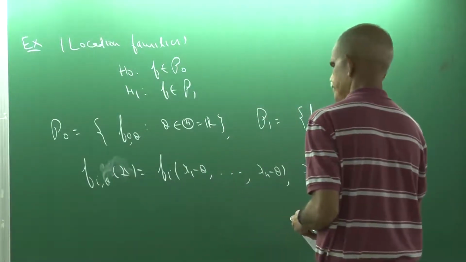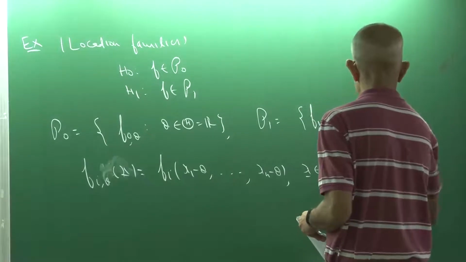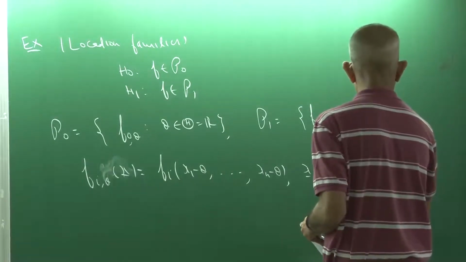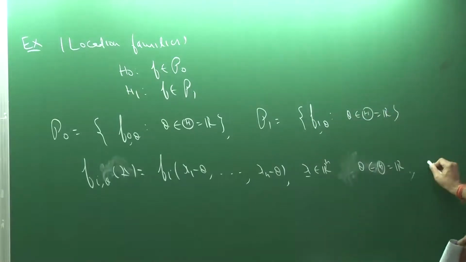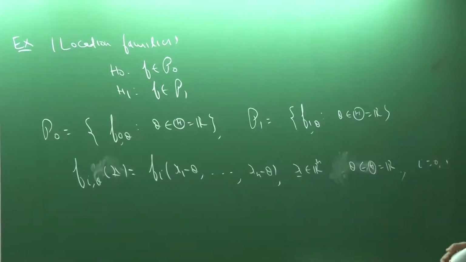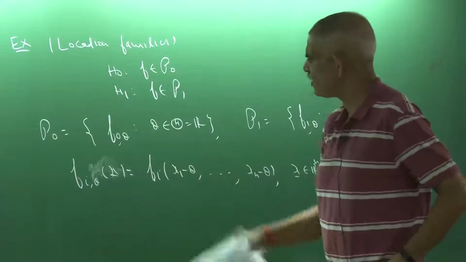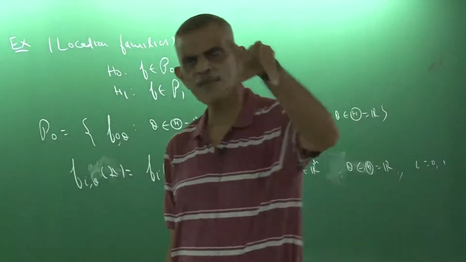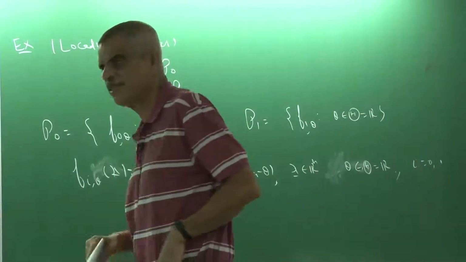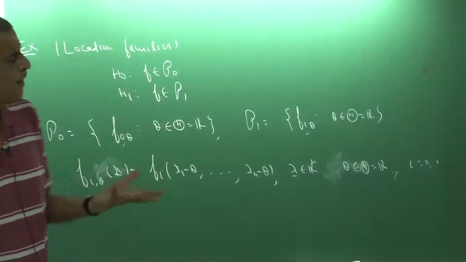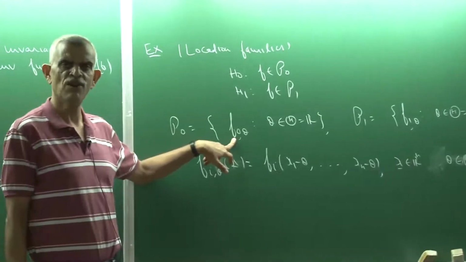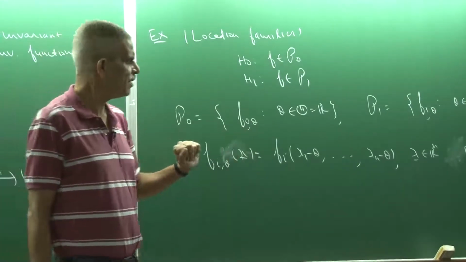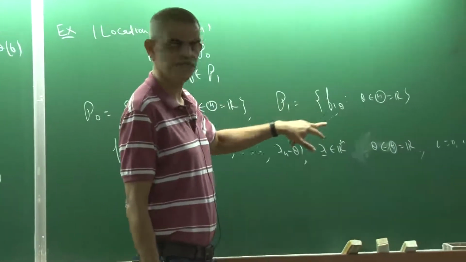For some theta belongs, i is equal to 0, 1. So for example, P0 is f0 theta. That means it is some location family, because theta is a location parameter. So it could be that you are dealing with IID normal, theta 1. F1 theta is some other PDF.